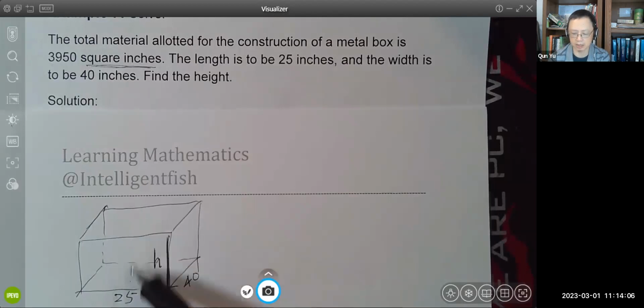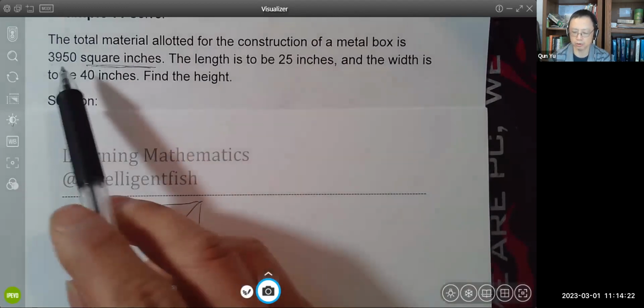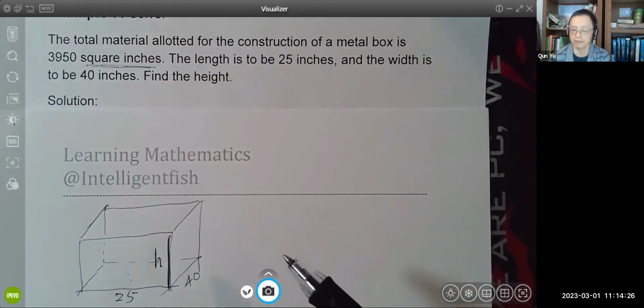You have top, bottom, left side, right side, front side and back side. Opposite sides will have the same area. So we're going to add the areas of all the 6 sides together and let it equal this total surface area. And that's going to be the correct equation.